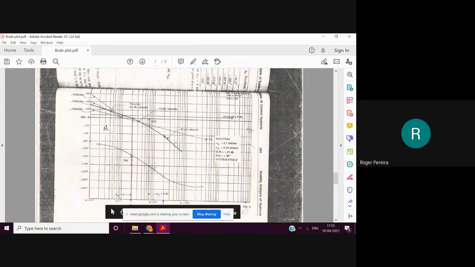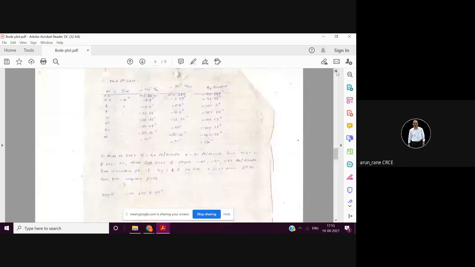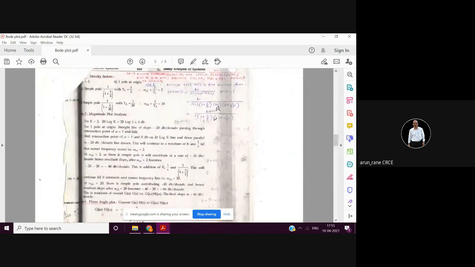Now first, what is the value of k? What it was in the question is 80, and then 80 divided by 40 becomes 2, correct? So it will be 20 log of 2.